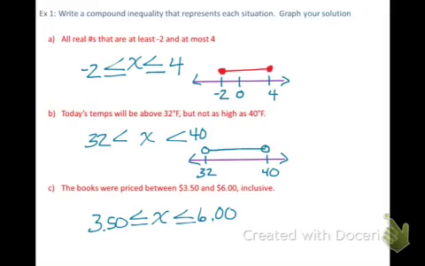And then you do your line. Again, they're both positive, so $3.50 and $6. This time they're included in it, so it's going to be a closed circle. There's an inequality, and it's still in between.